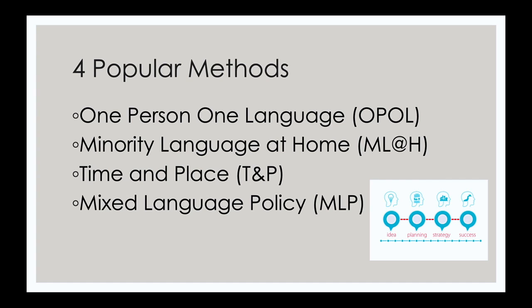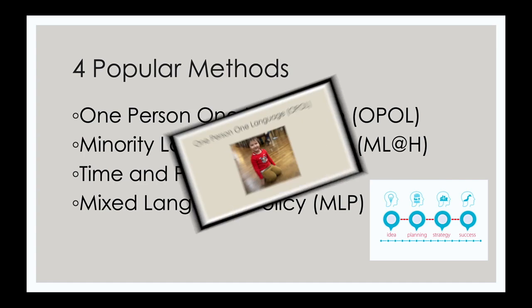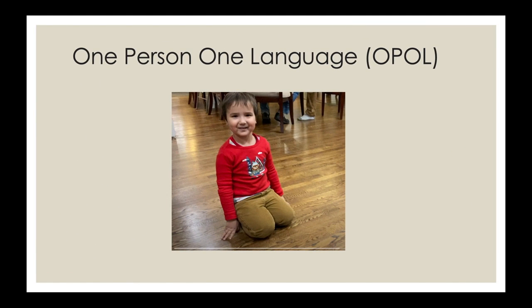So next, I'm going to talk about each different method and how my personal experience relates to those methods. The first method is the one person, one language approach. This is what I used in my family.